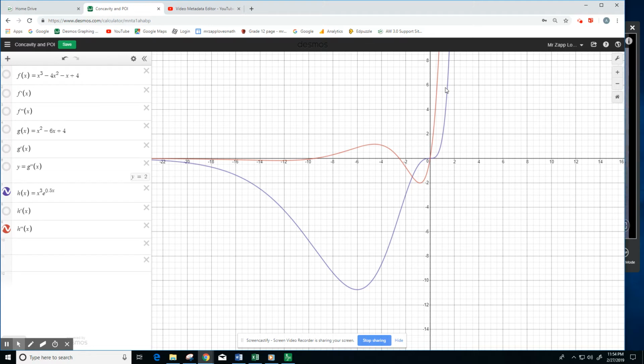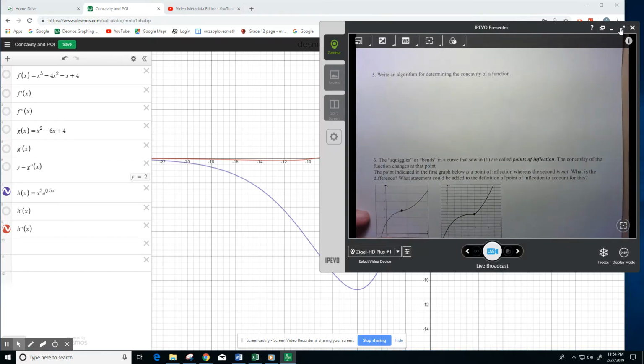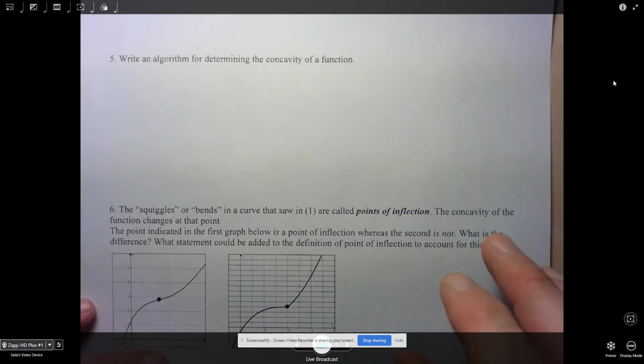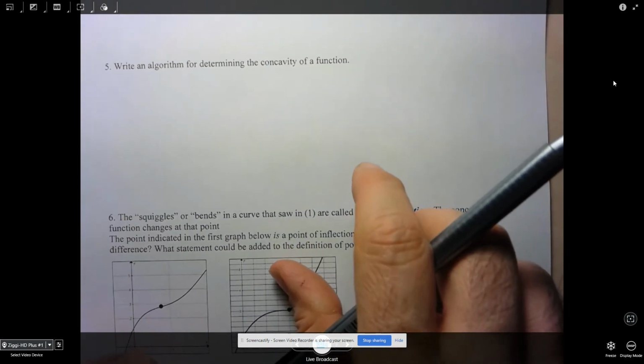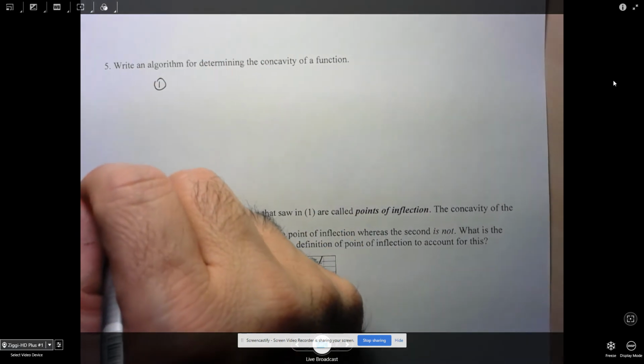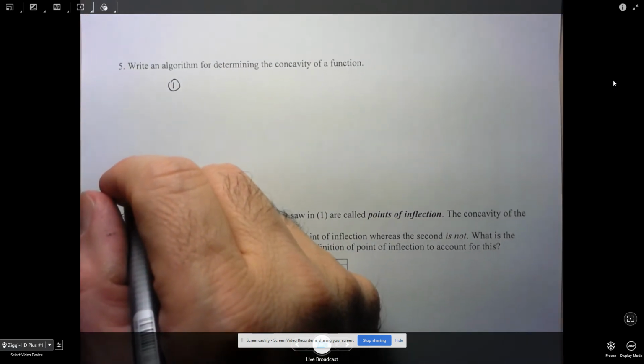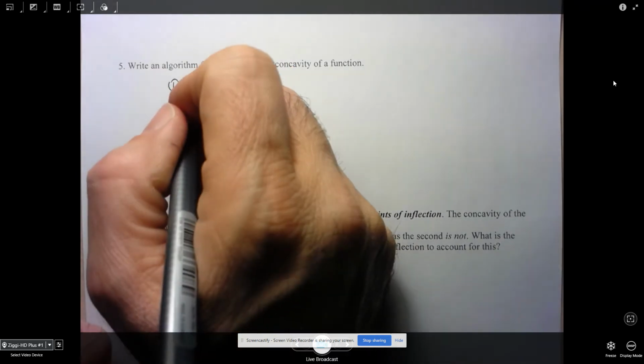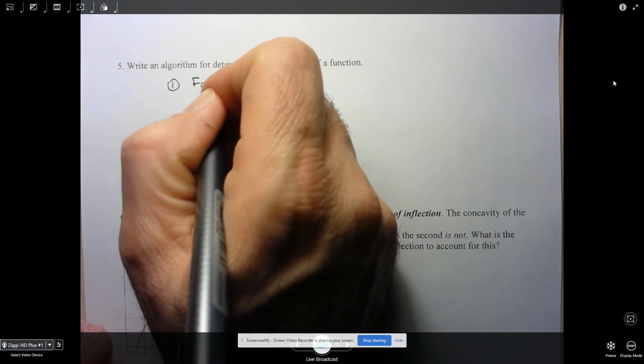Okay? So let's now go back and write an algorithm for determining concavity. Okay, so step number 1, and this is going to look a lot like our algorithm for determining the increasing and decreasing behavior. The only difference is we're going to be working with the second derivative.